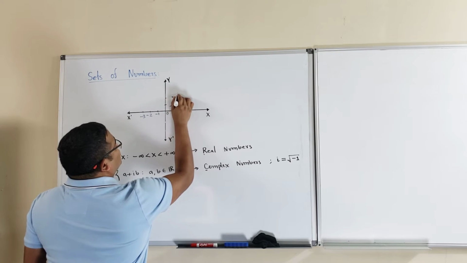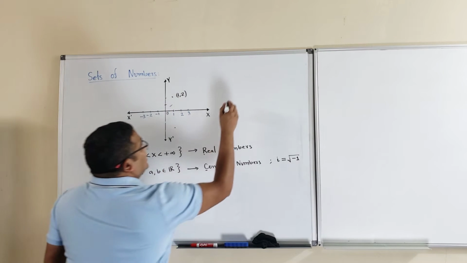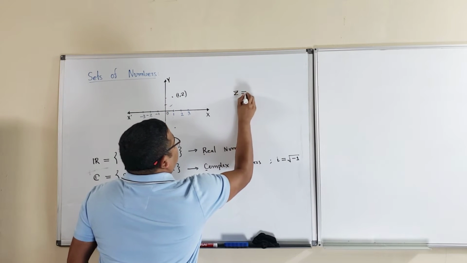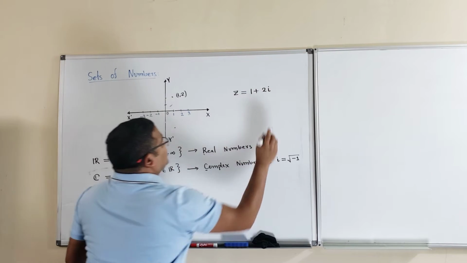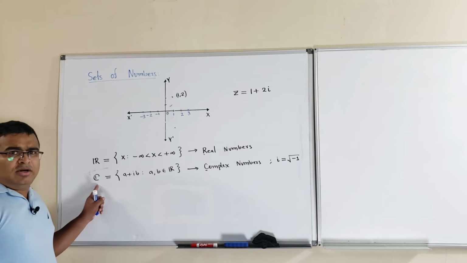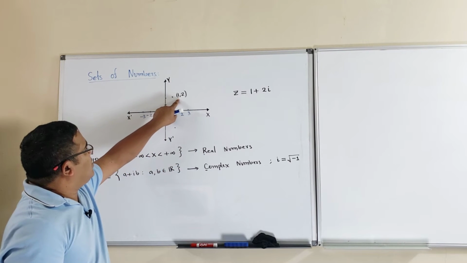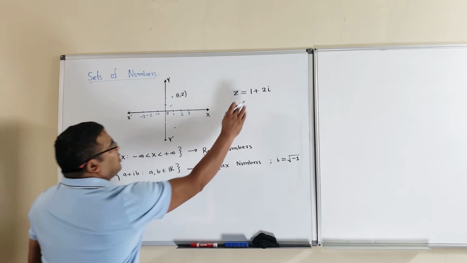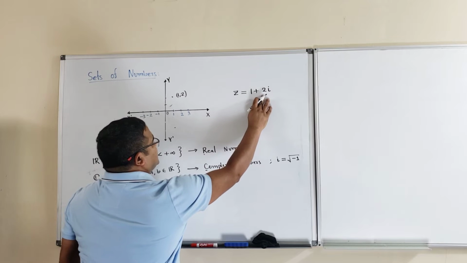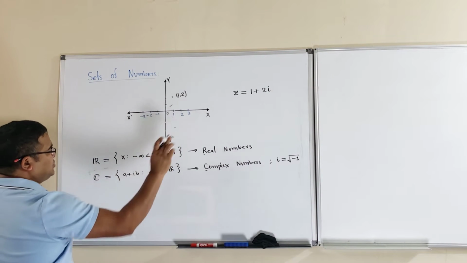So, this point is (1, 2), and you can write this one as z equals 1 plus 2i. A complex number is normally represented by z, and this one is 1 and then 2i. Here 1 and 2 are real numbers: A is 1 and B is 2.